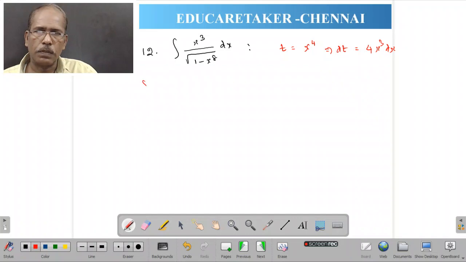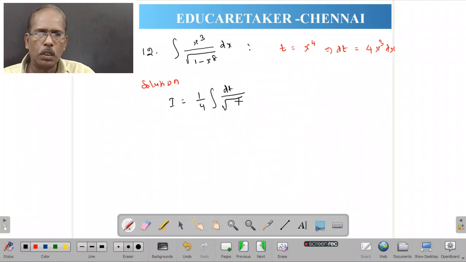Now let us start our solution based on the substitution. I equals, instead of x cube dx, 1 by 4 dt, and the root of 1 minus t squared, since t is x power 4, so x power 8 is t square.